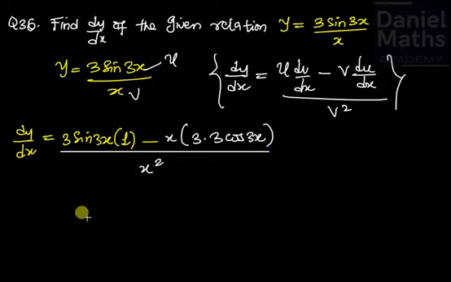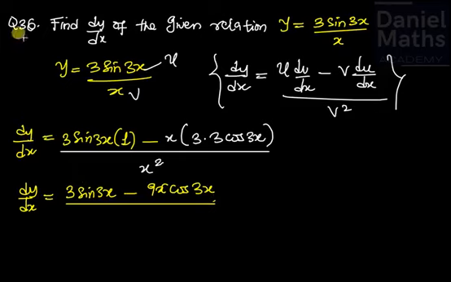All right, so if I go forward, this gives me that dy over dx is equal to 3 sine 3x minus 9x cos 3x, and all of this is divided by x squared.